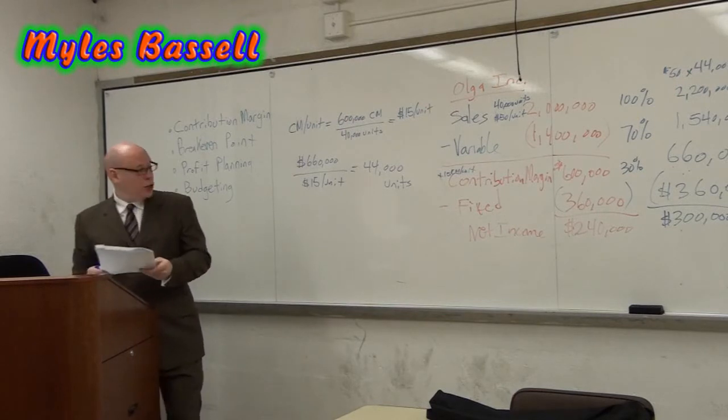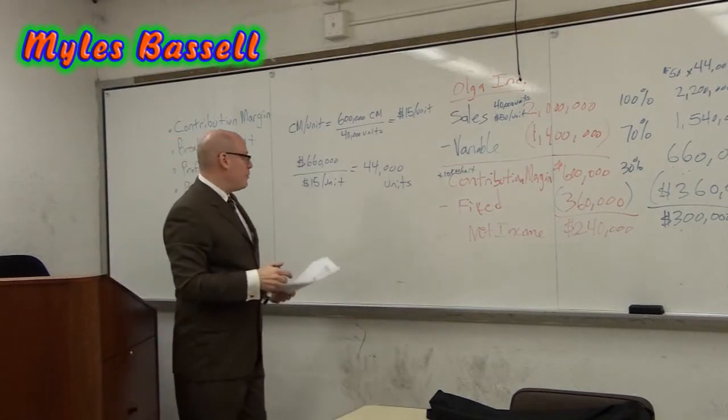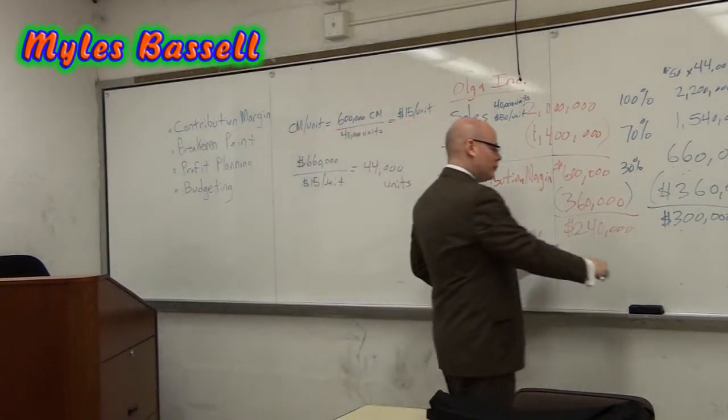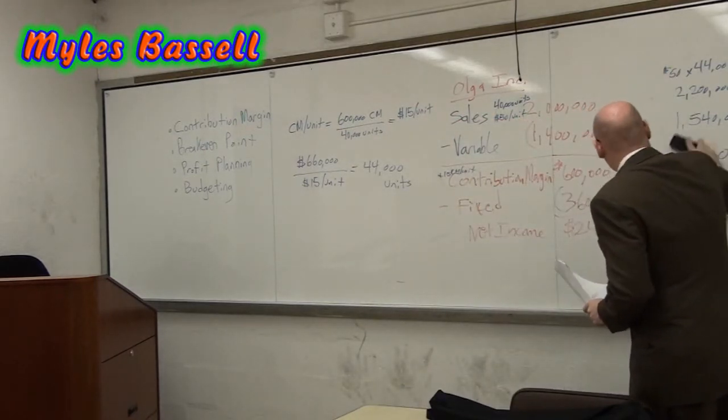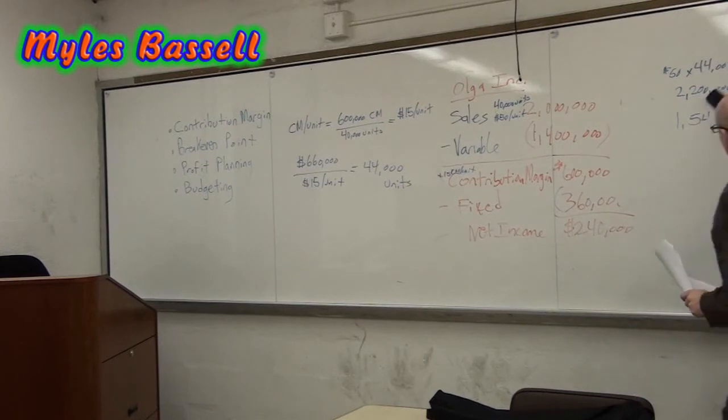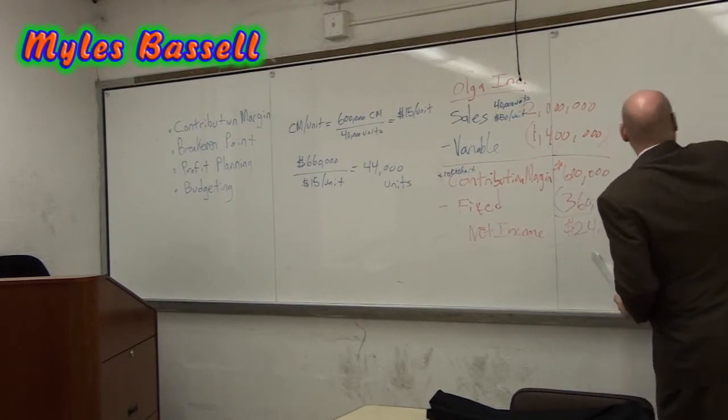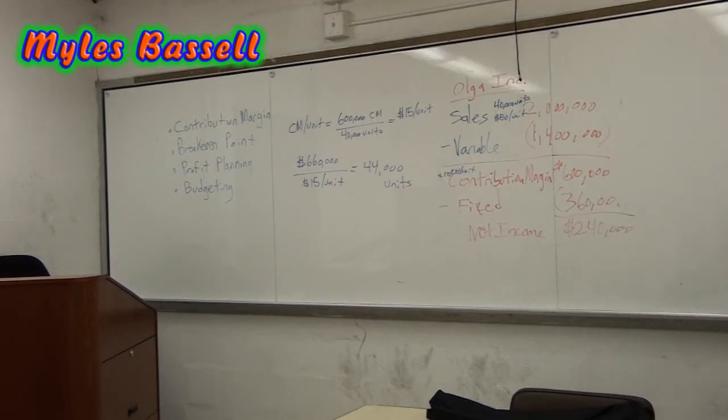All right, so the next thing we want to do is figure out the break-even volume. At 40,000 units, what is the break-even volume?